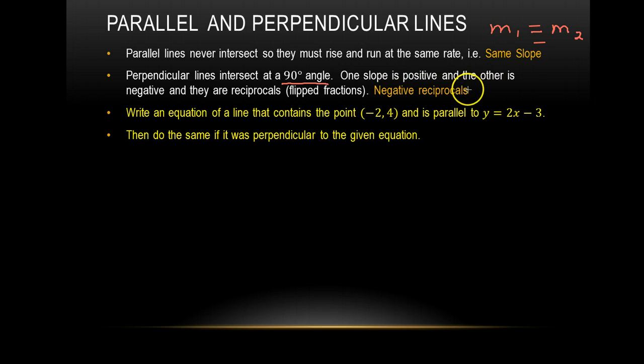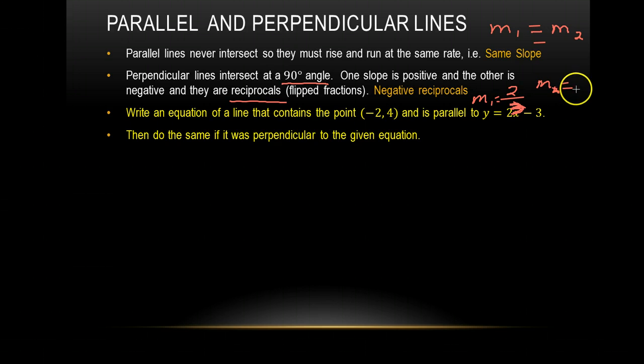So if the slope of one of our lines was 2/3, then the slope of the perpendicular line would be flipped over, so the flip of 2/3 is 3/2.